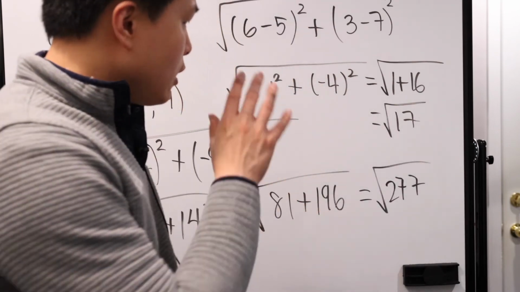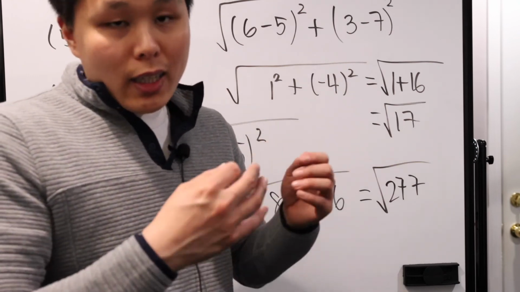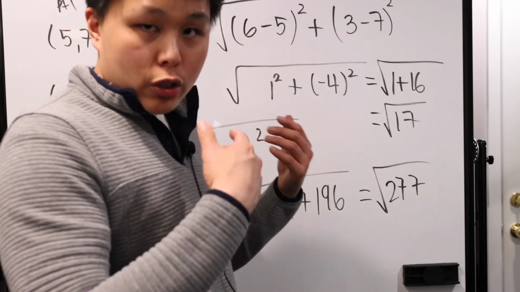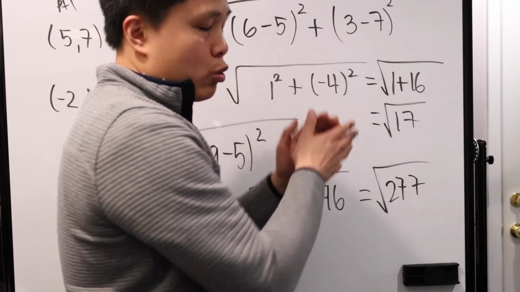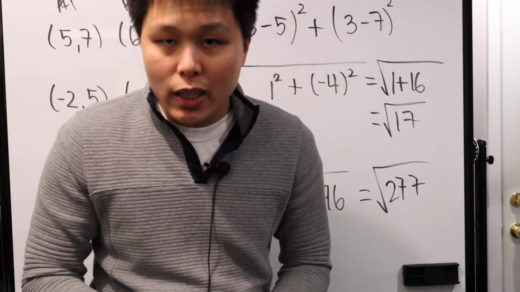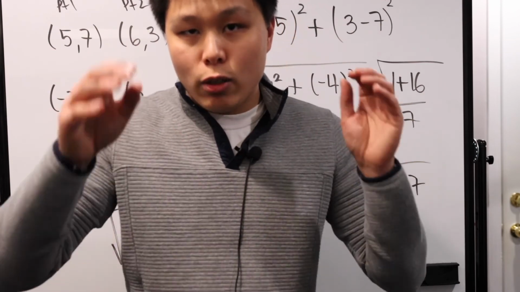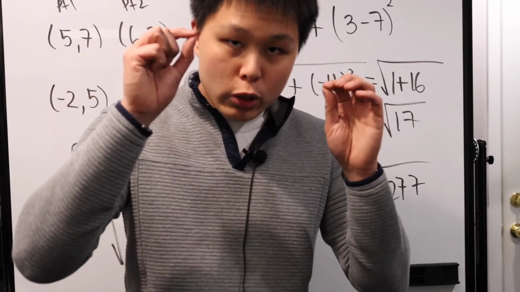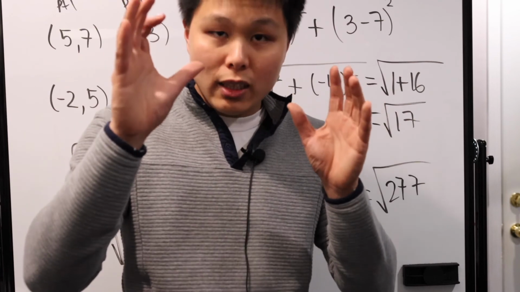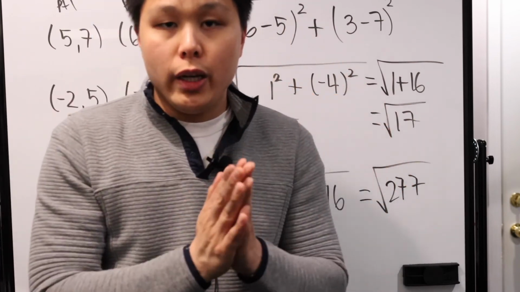The idea with distance formula, once again, is very simple. There's the adding and subtracting, the square root and squared, and all that, but it's just technically a squared plus b squared equals c squared. The idea that no matter what the distance is between 2 points, once you draw it, that's technically the hypotenuse, and we can always create a right triangle.